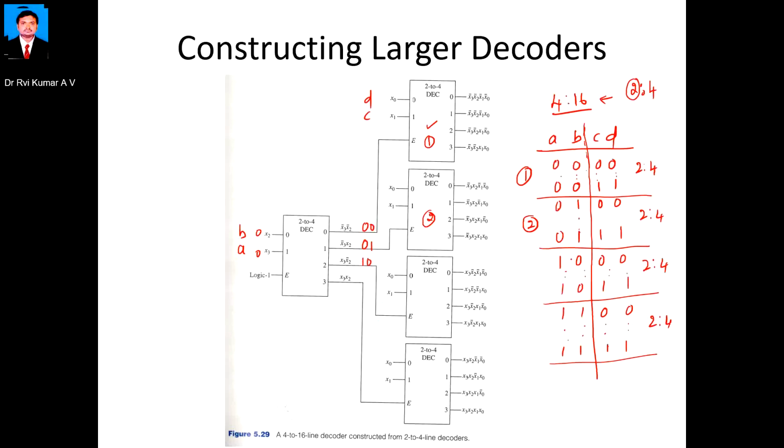For 1 0, the third decoder has to be enabled, and for 1 1, the fourth decoder has to be enabled. So for the 4 input combinations, your 4:16 decoder has been realized.